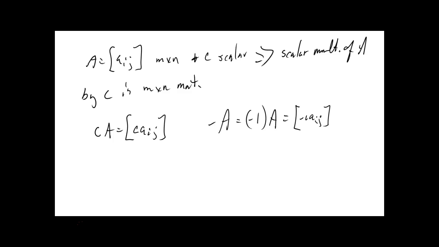Now, what if A and B are the same size? They don't say it, but let's just assume they're M by N's. What would you think A minus B represented? There's two ways to look at this.